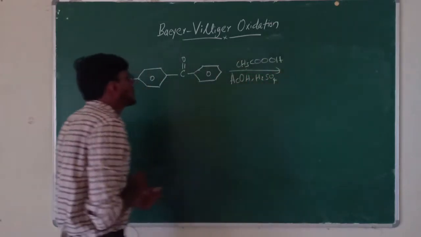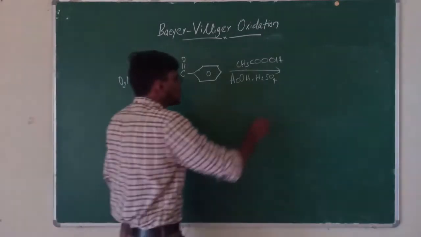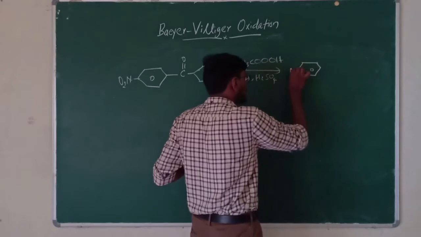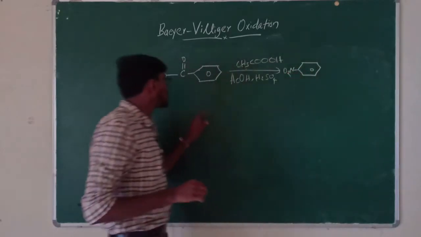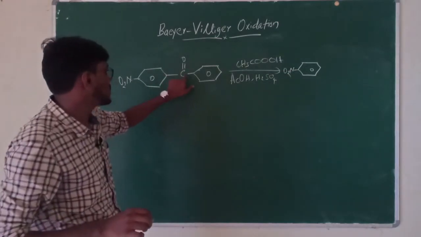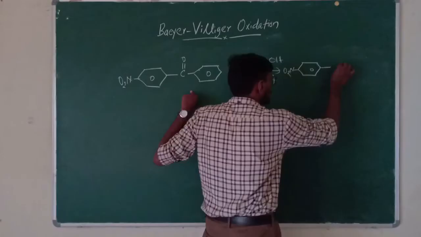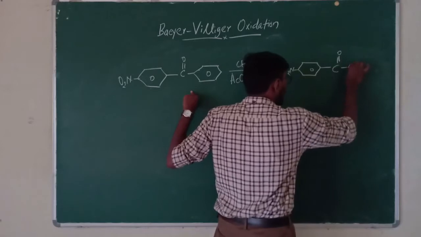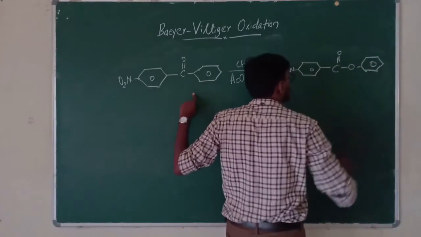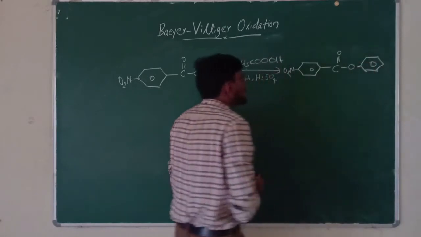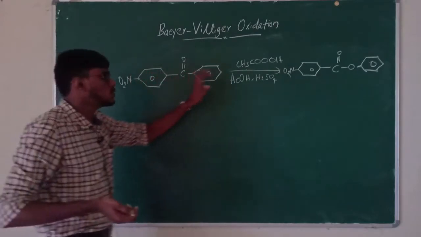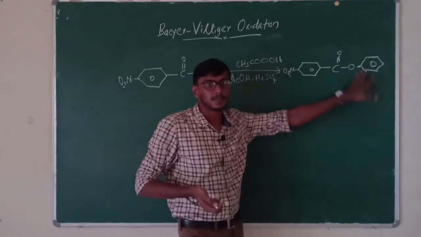The product formed will be this one. Here NO2, and one oxygen is inserted between this group, COO, and the phenyl. This will be the product, as this group migrates rather than this one.